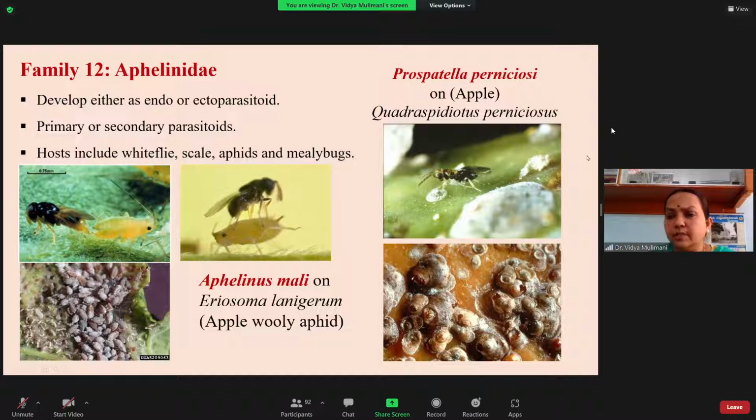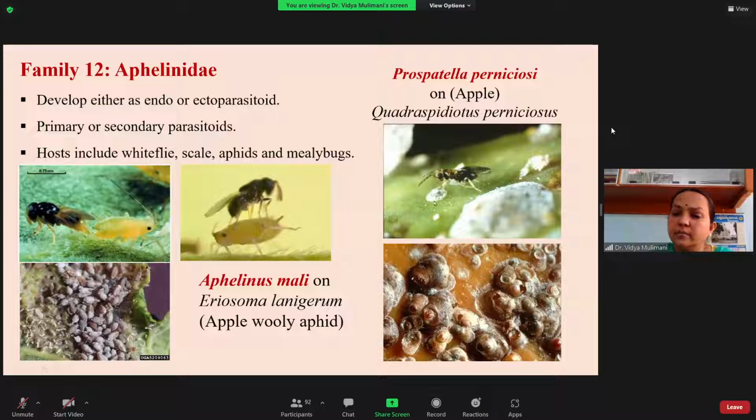Another you have is Prospaltella perniciosi. You can see here these are called hard scales, Quadraspidiotus perniciosus. Whatever parasitoid you are finding, it is on Quadraspidiotus perniciosus. Here you can see she is probing, and they also feed on the oozing material from these scales.